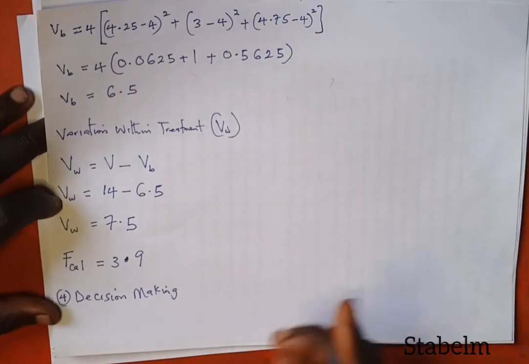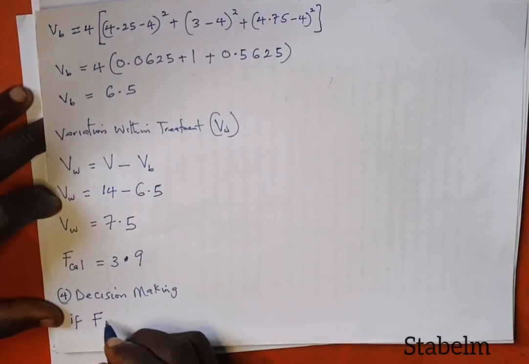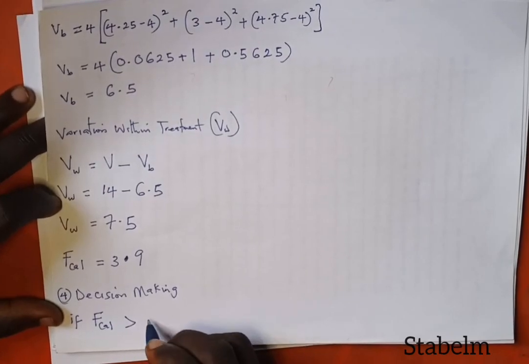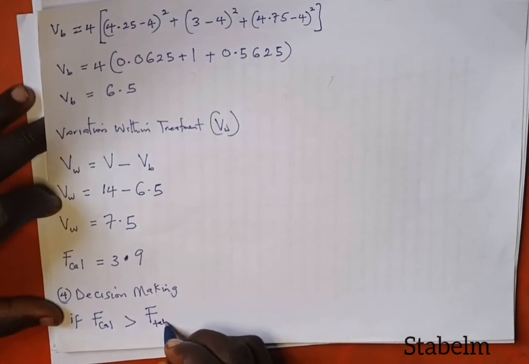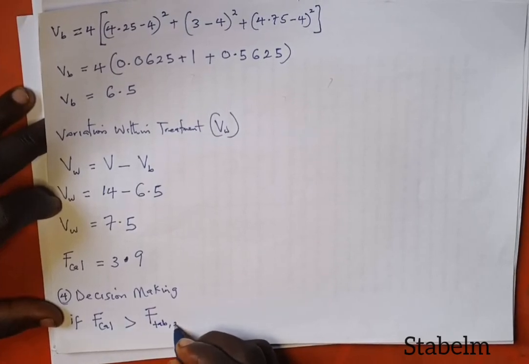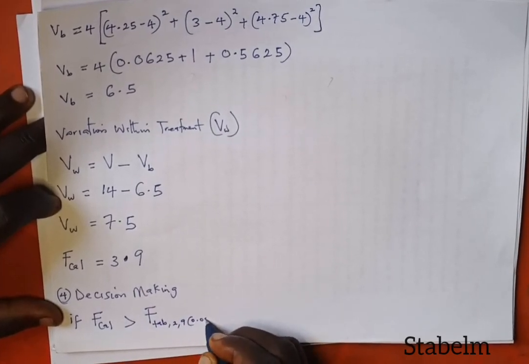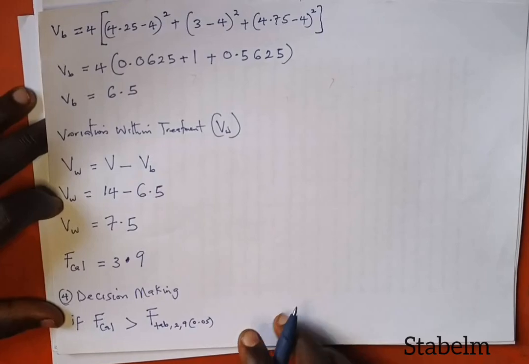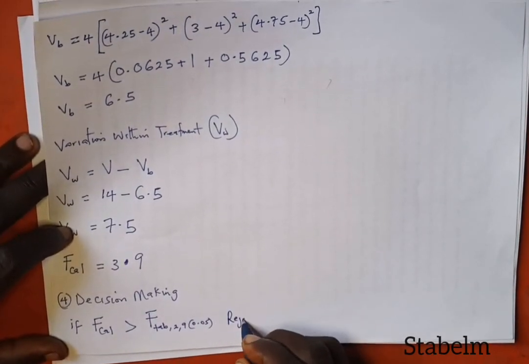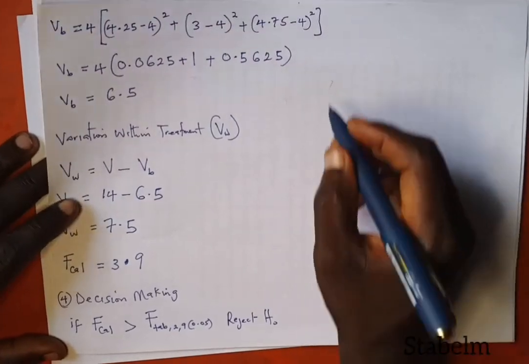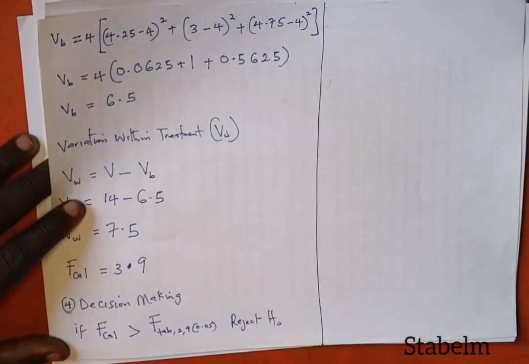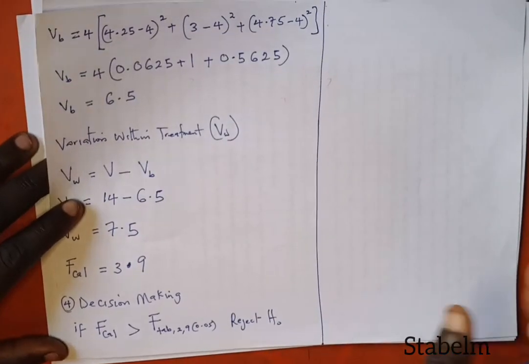We just say if F calculated is greater than F tabulated at 2, 9 of 0.05 level of significance, then the hypothesis of equal means can be rejected. We reject H naught, which is the null hypothesis. If F calculated is greater than F table, we reject the null hypothesis.